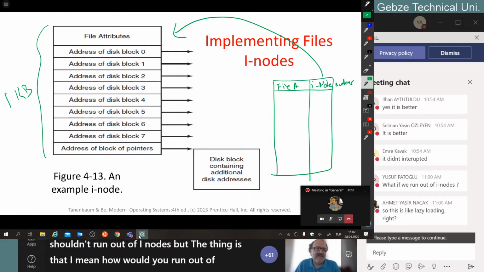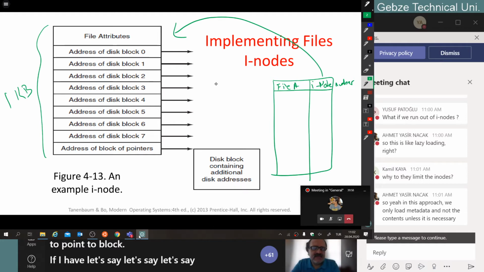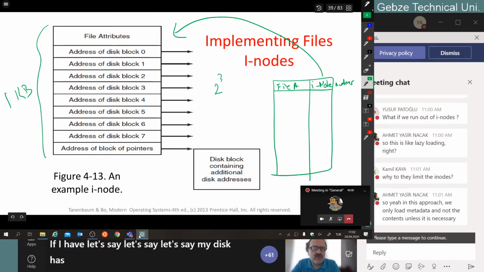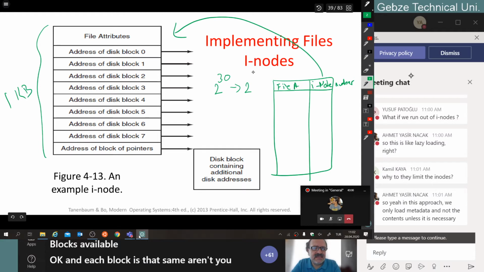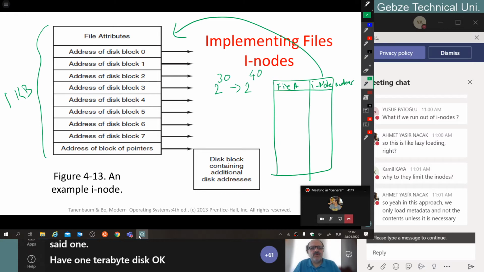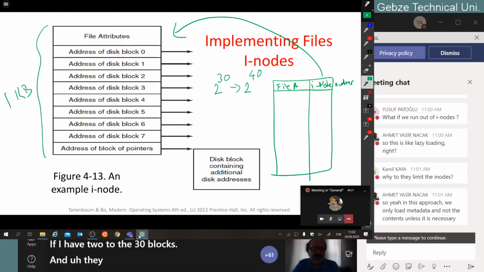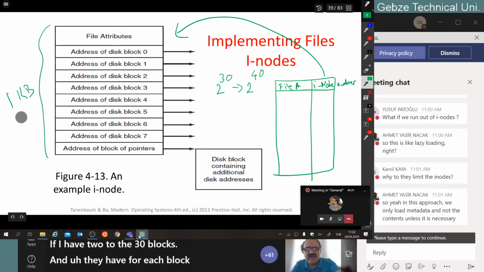Let's say my disk has 2 to the 30 blocks available, and each block is 1 kilobyte, so my disk is 2 to the 40, a 1 terabyte disk. If I have 2 to the 30 blocks, and each one is 1 kilobyte.